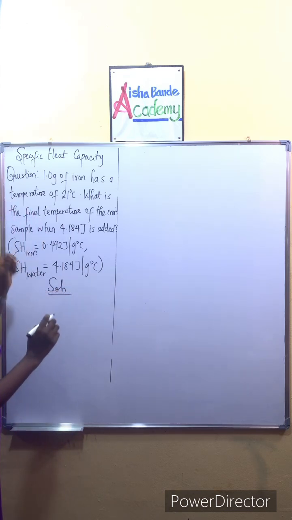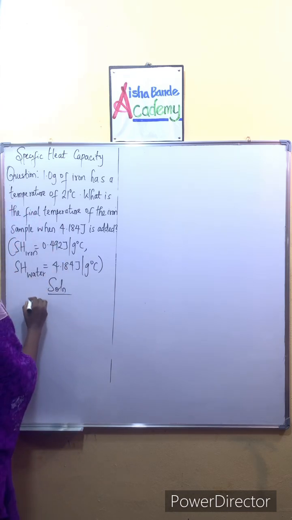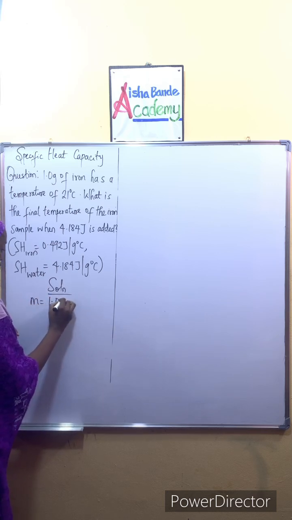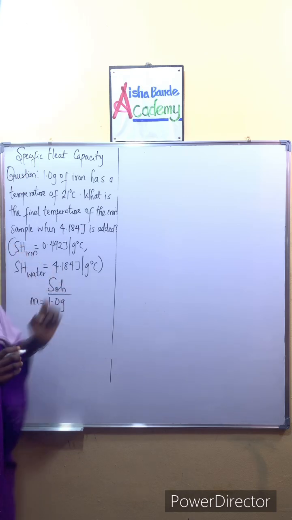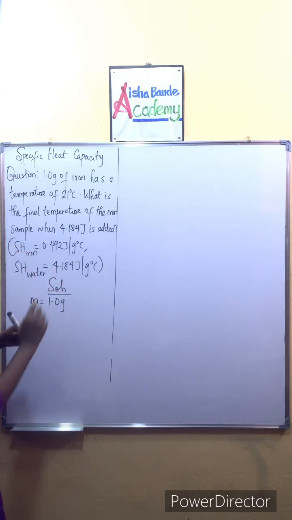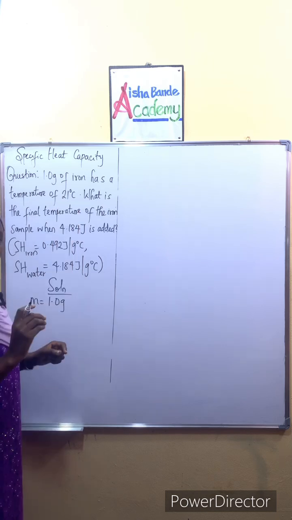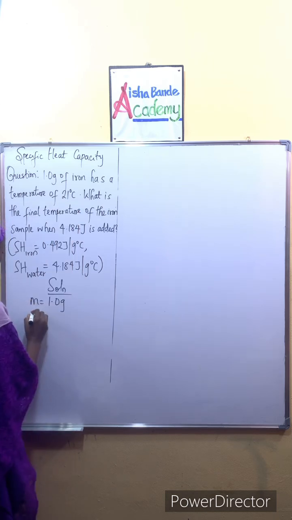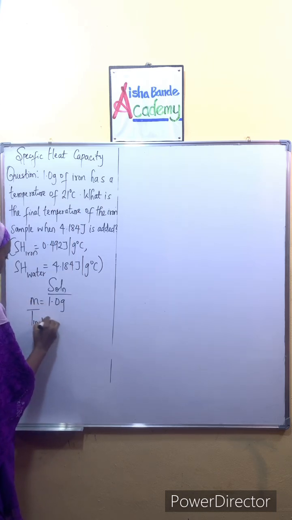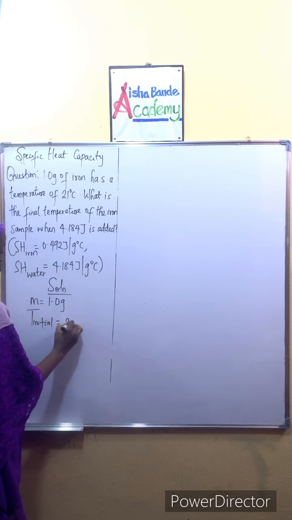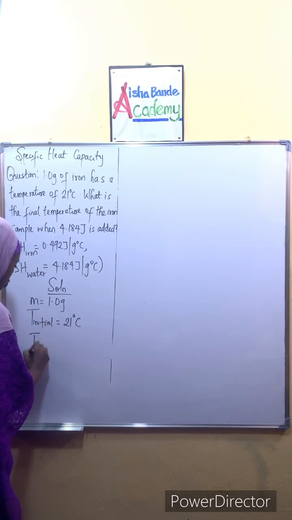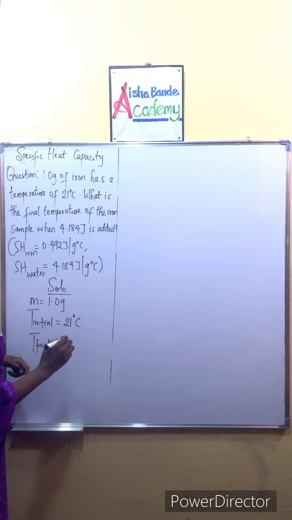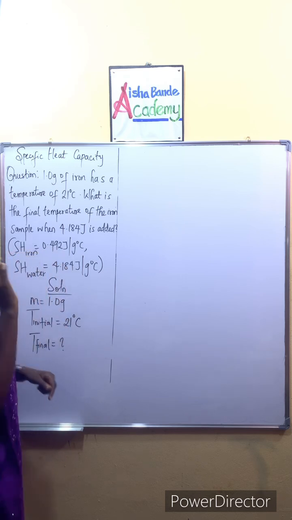So 1.0 gram of iron, so we have the mass equals 1.0 gram, has a temperature of 21 degrees Celsius. What this temperature means here is the initial temperature. So the initial temperature, T initial, is equal to 21 degrees Celsius. We are asked to find the final temperature. So T final is what we require to find of the iron sample when 4.184 joules is added.